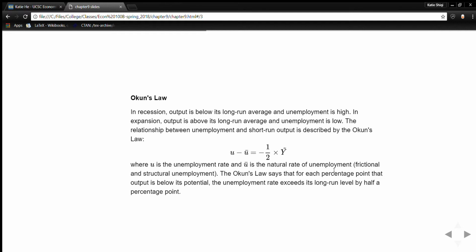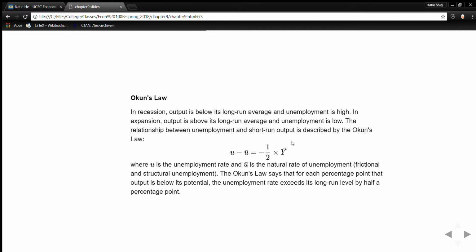And the natural rate of unemployment is the frictional and structural unemployment over the number of people in the labor force. And U here without the bar is the total or overall unemployment rate. So that includes frictional, structural, and also cyclical. So U minus U bar, we're only left with cyclical unemployment. So that's what we have on the left-hand side.